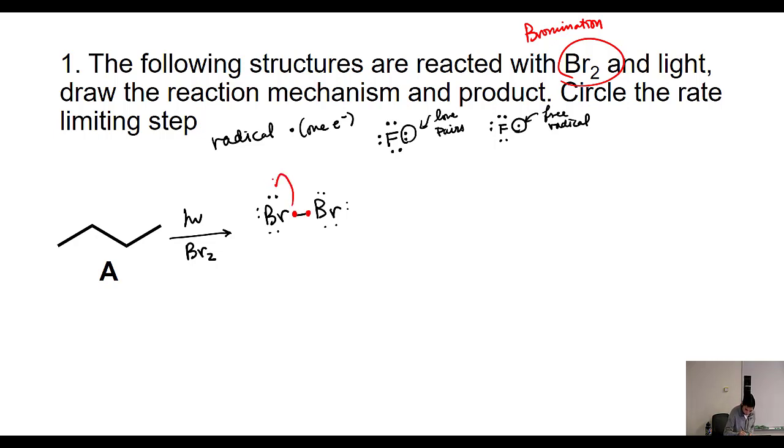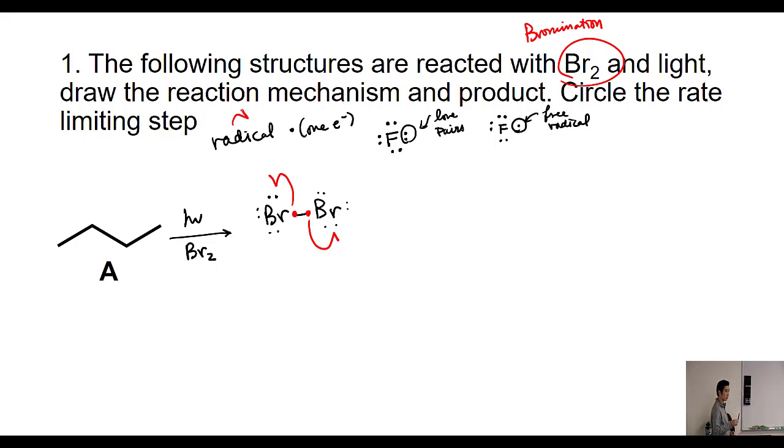When light hits it, it's going to destabilize the bond, and I get this. First of all, notice on the arrow, do I have 1 pointy or 2 pointies off the arrow? 1. So in radical reactions, we always want to use a one-headed arrow, because how many electrons are moving in a radical reaction? A radical is 1 electron.